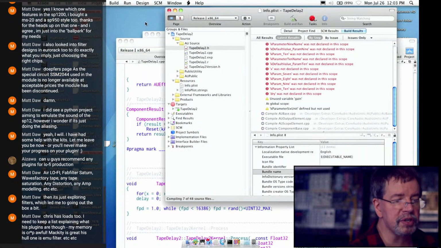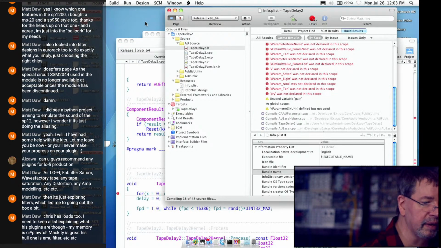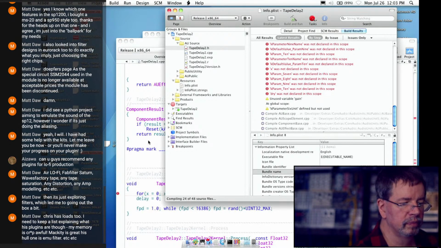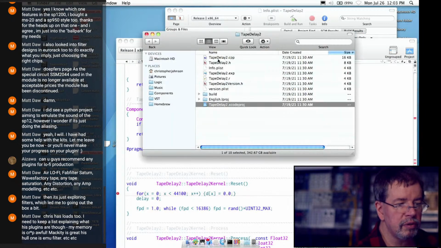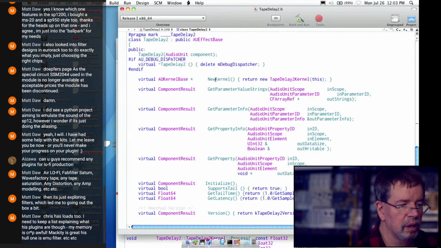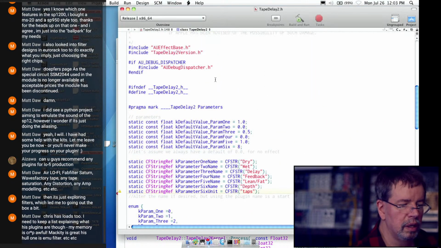Let's quickly build this and see whether we have anything that does anything. That's an interesting result. Oh, did we actually use the guts of this? Yeah, apparently we already put that in there. That's weird.